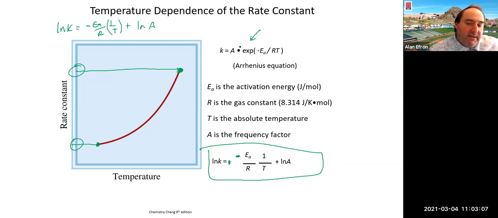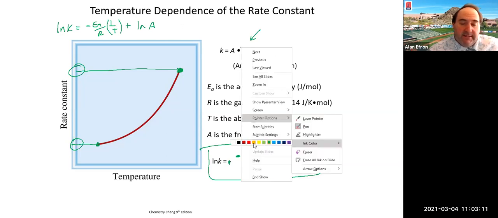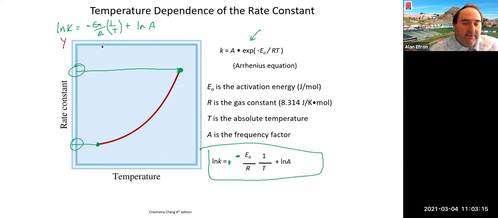This is actually the equation written in the form, surprisingly enough, of a straight line. So this would be y equals mx plus b. So the typical Arrhenius plot that we see has on the y axis the natural log of k, and on the x axis, 1 over the temperature in Kelvin.